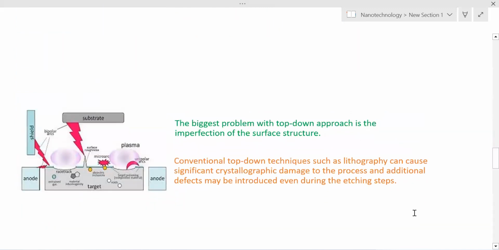So the biggest problem with the top-down approach is the imperfection of the surface structure. So in top-down, when we do etching, for example, it causes significant crystallographic damage to the process, and it may add defects during the etching steps.